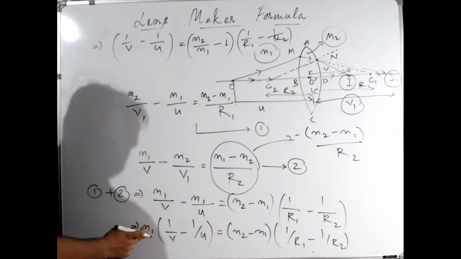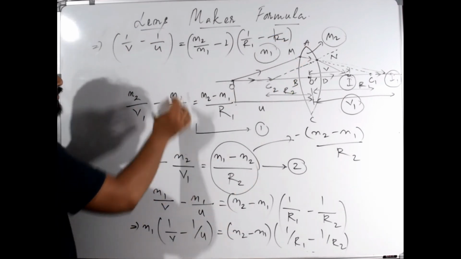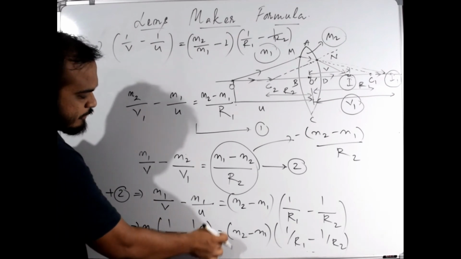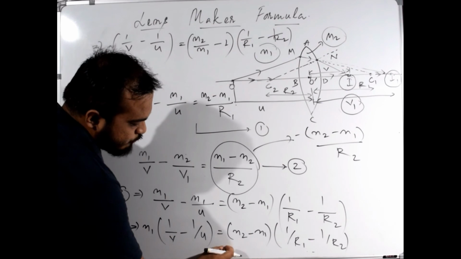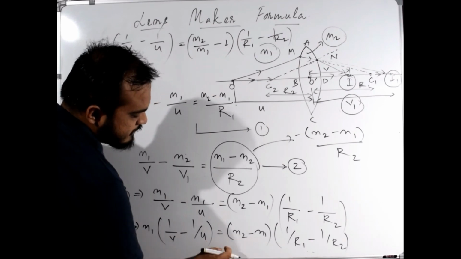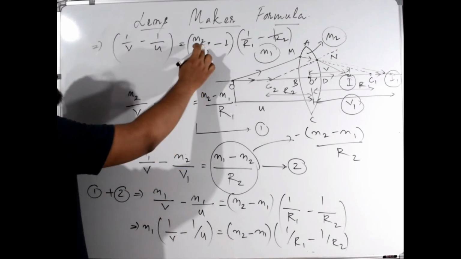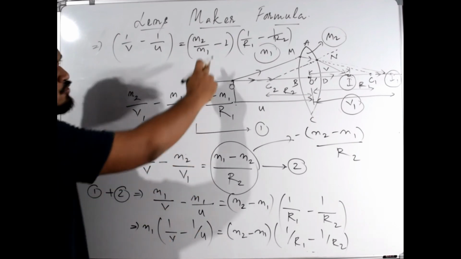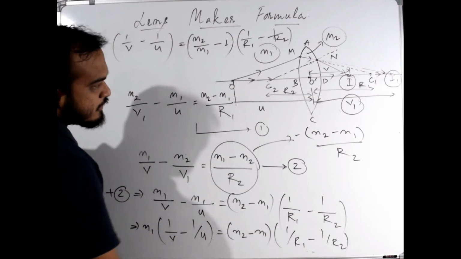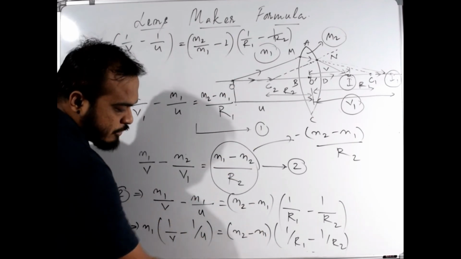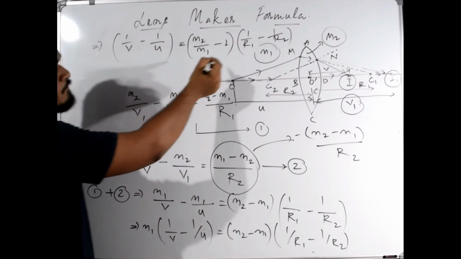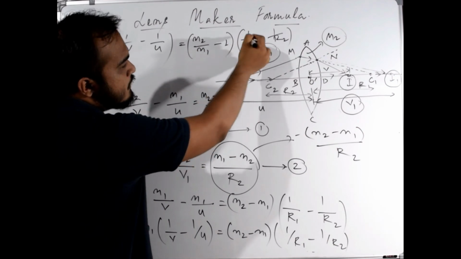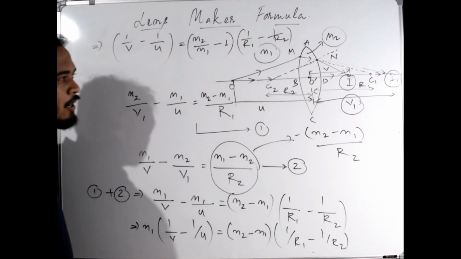Why? Because we are taking this term to this side, it will come below as the denominator. So we are multiplying the denominator with these two terms. It will be N2 divided by N1 minus 1, because in the numerator there is N1 and in the denominator also there will be N1, so these two terms will get cancelled and finally there will be 1. So N2 by N1 minus 1 into 1 by R1 minus 1 by R2.